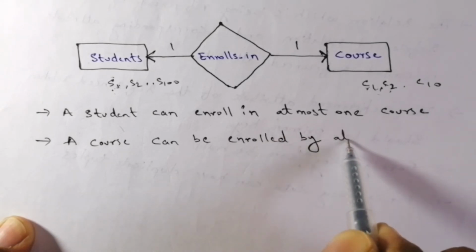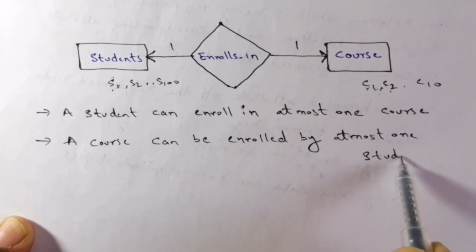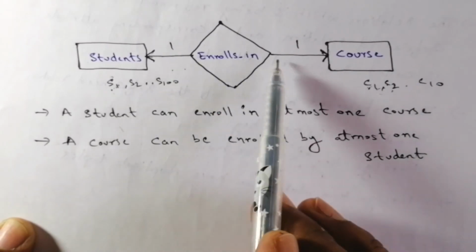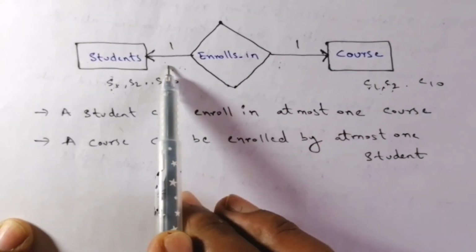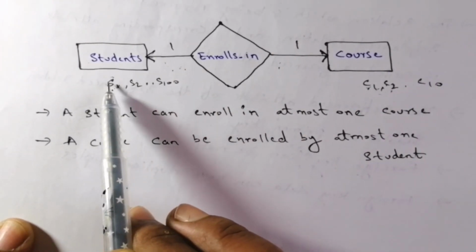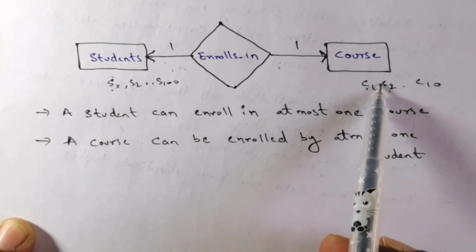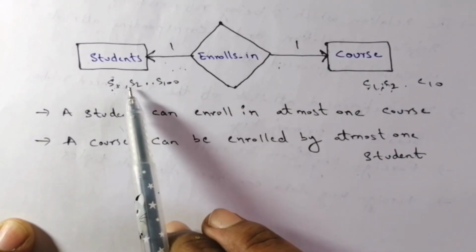At most one student. So this is the key constraint condition, the cardinality constraint, which we have established. So it is called one to one. If it is one to one, an entity in an entity set can participate with at most one entity in the other set. Here on this side also one, so it participates in at most one. So this is about one to one.